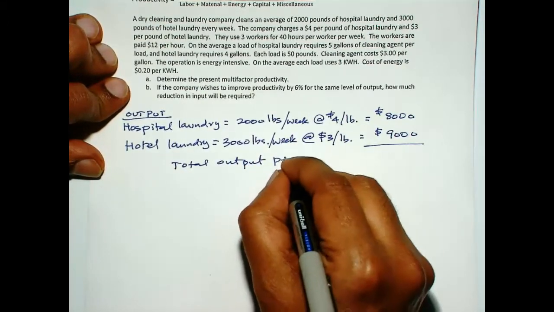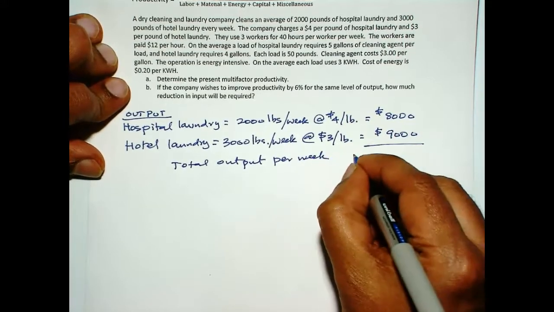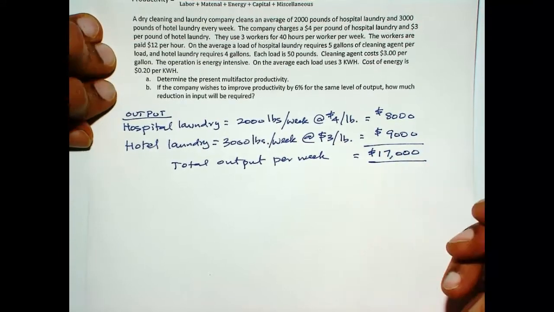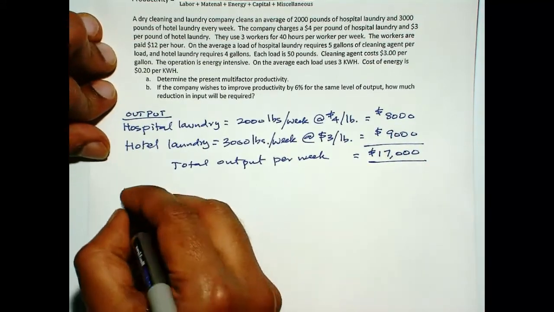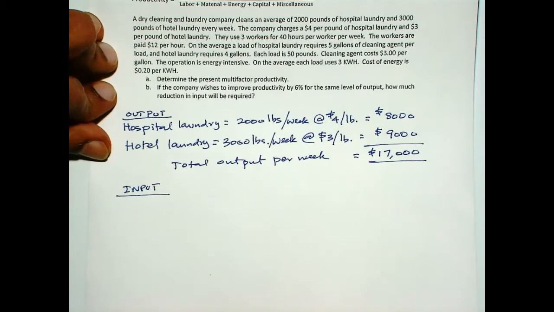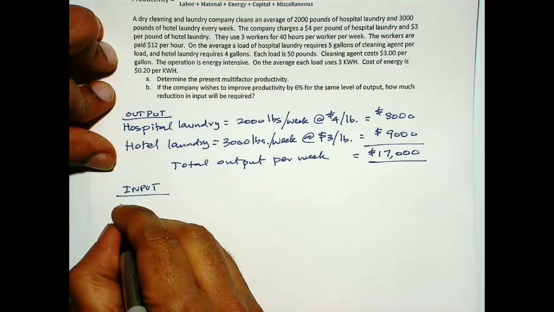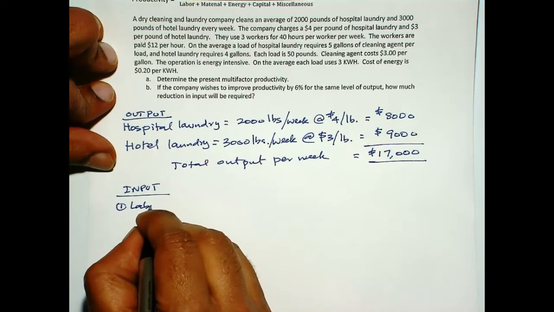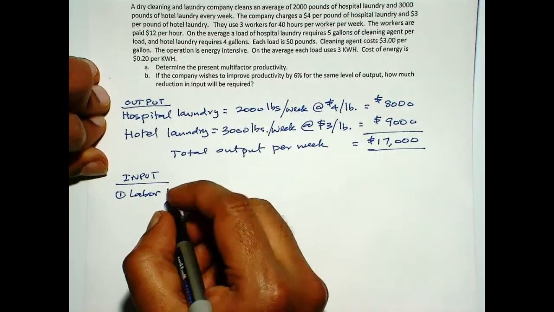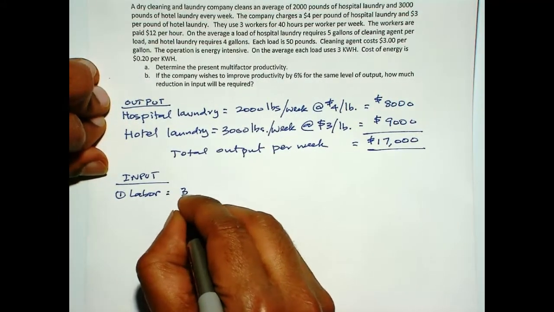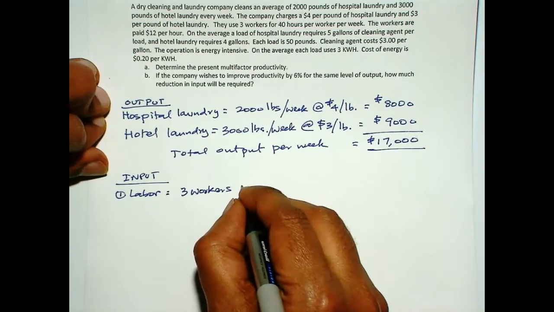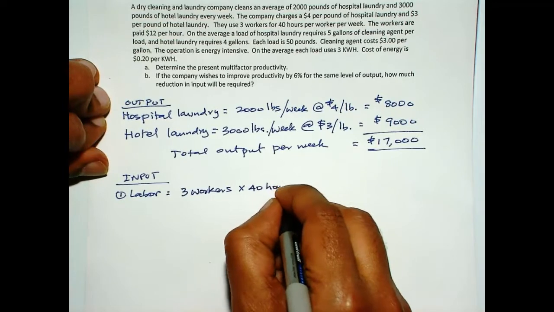So that's output. So now let's look at input. Remember there are 3 inputs. So let's take the first one, labor. So we have 3 workers times 40 hours per week times $12 an hour.